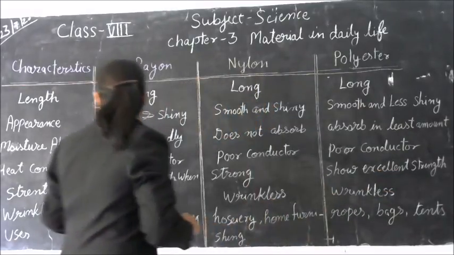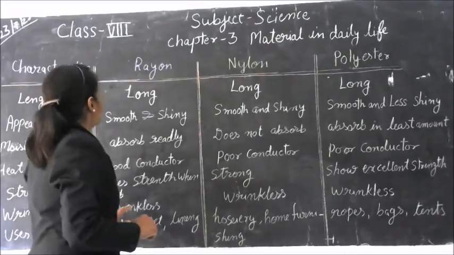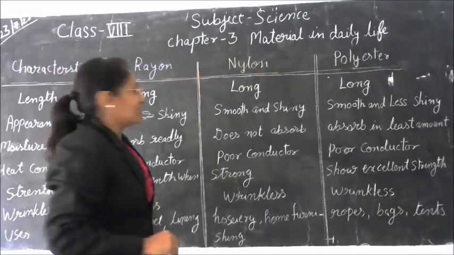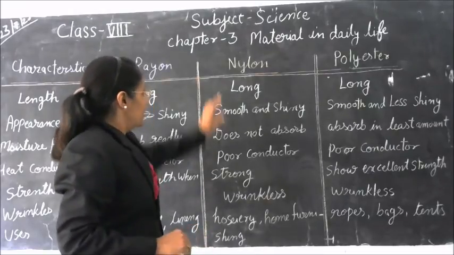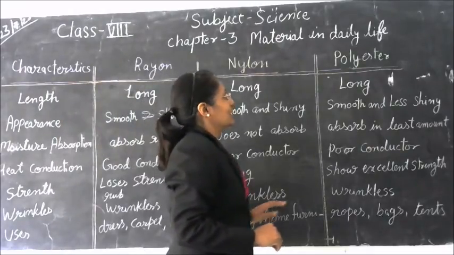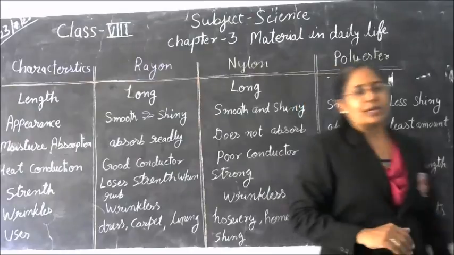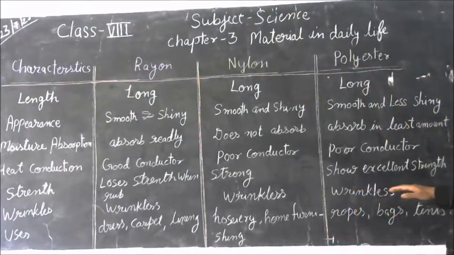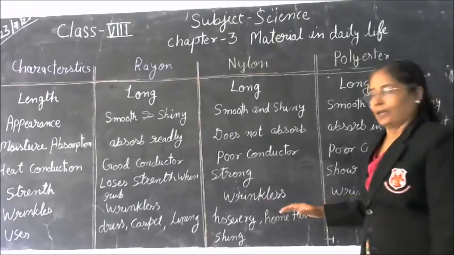Right? Next one is wrinkles. Rayons are very good cloth as it is wrinkleless. Nylons are also wrinkleless and polyester are also wrinkleless. We don't need to iron these clothes again and again.